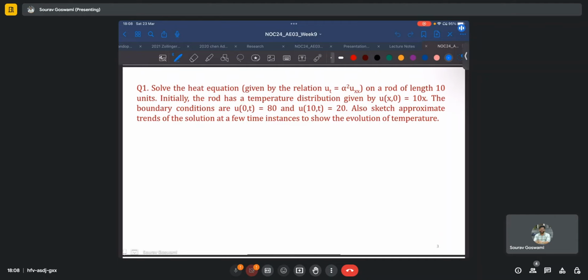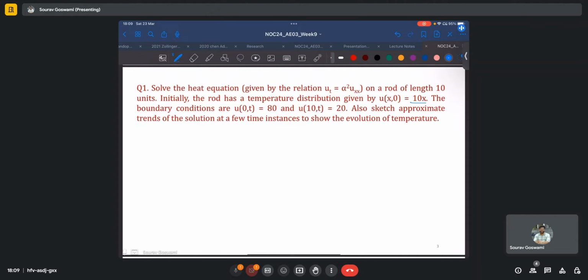The details of this have already been discussed in the lectures by Professor Dey. We'll directly get to solving it. So here we are asked to consider the standard heat equation on a rod of length 10 units, and initially the rod has a temperature distribution which is given as a function of the distance. Now the boundary conditions at either end are supplied to us.